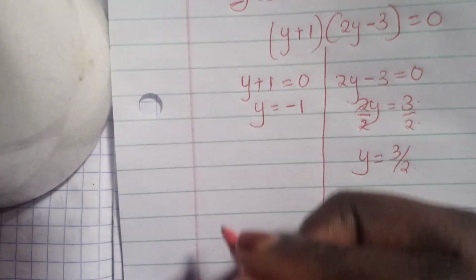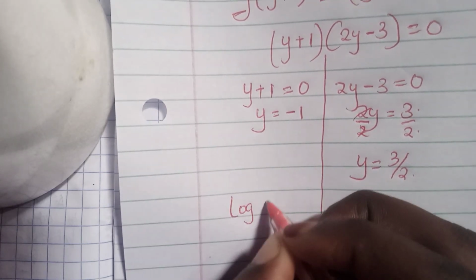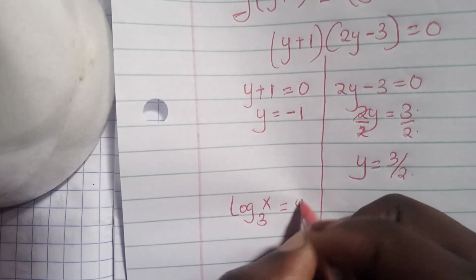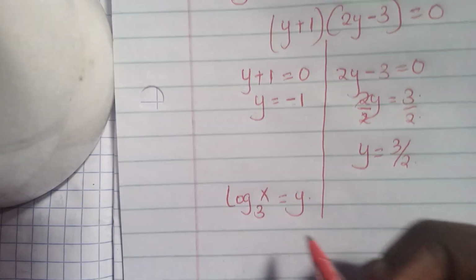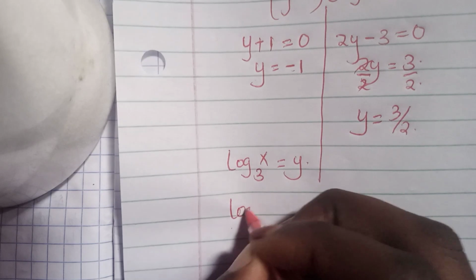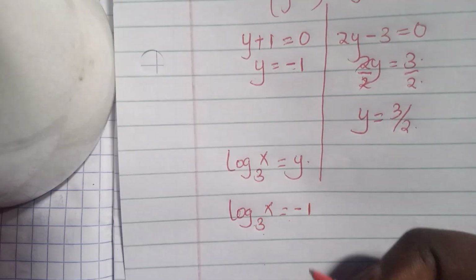So log x base 3 is equal to y. For our case here, our y is -1. So log x base 3 is equal to -1.